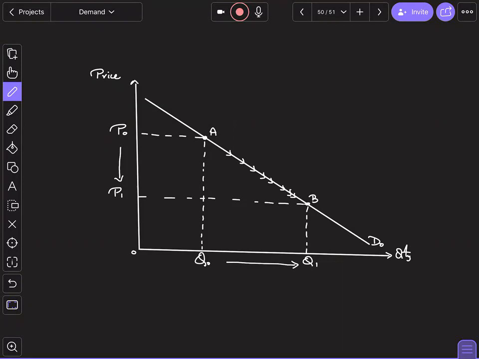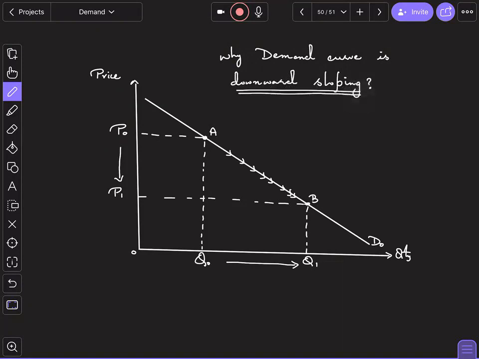So in this video, we will discuss the demand curve, why the demand curve is downward sloping, or why we have this inverse relationship between price and the quantity demanded.